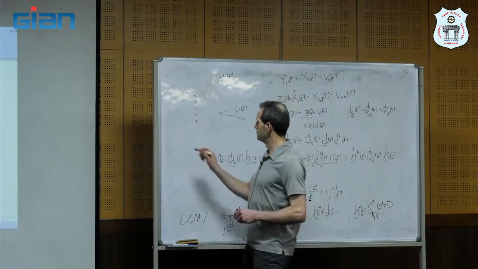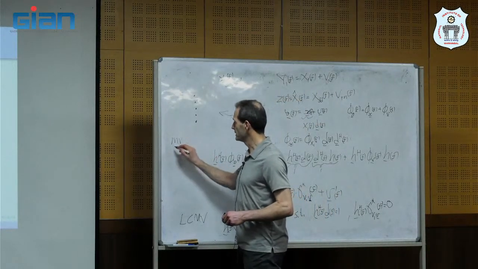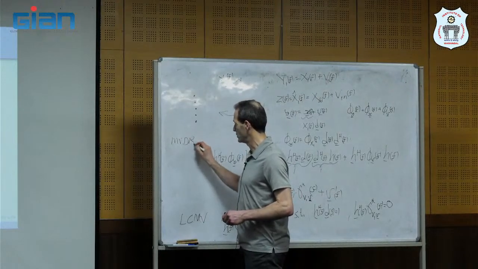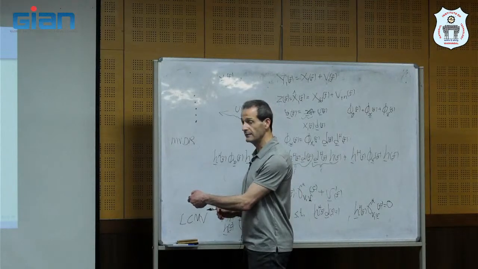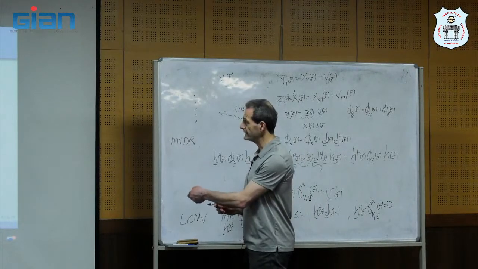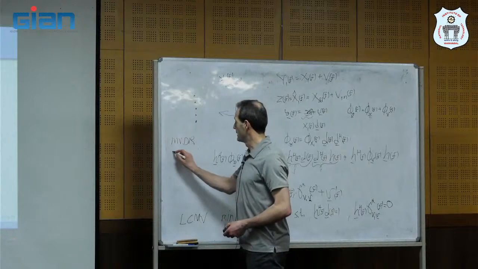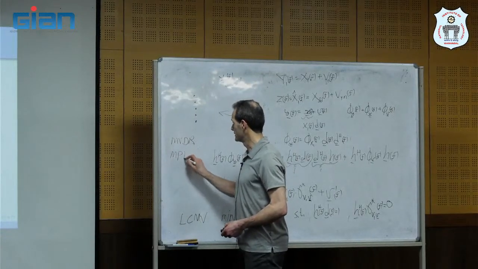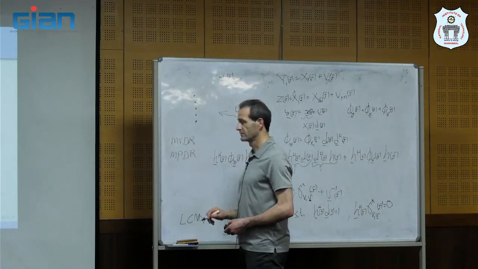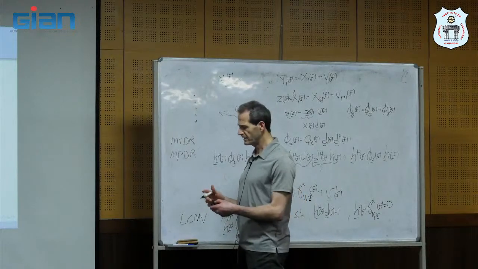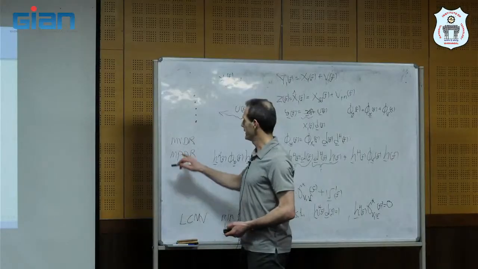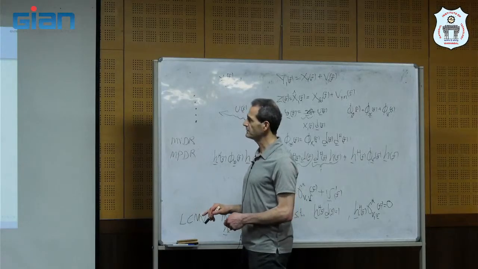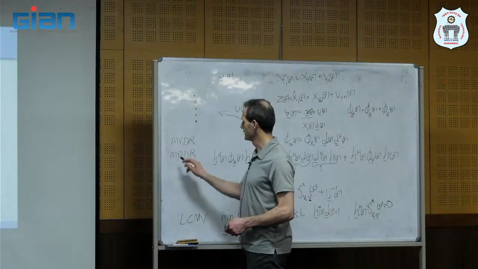Instead of MVDR, minimum variance distortionless response, which is defined here with phi v, we call this minimum power distortionless response. Sometimes people call both MVDR, but sometimes people call this problem MPDR.